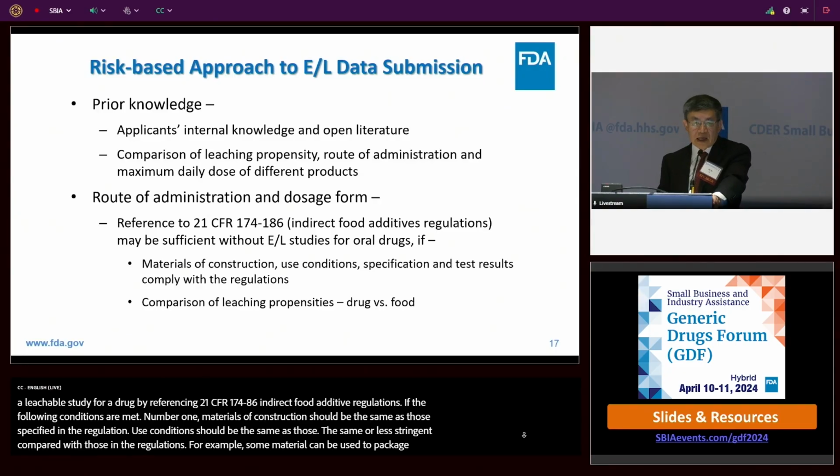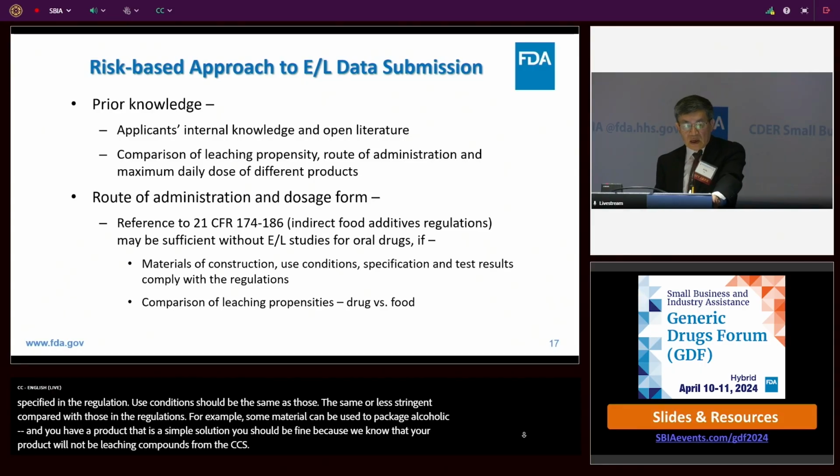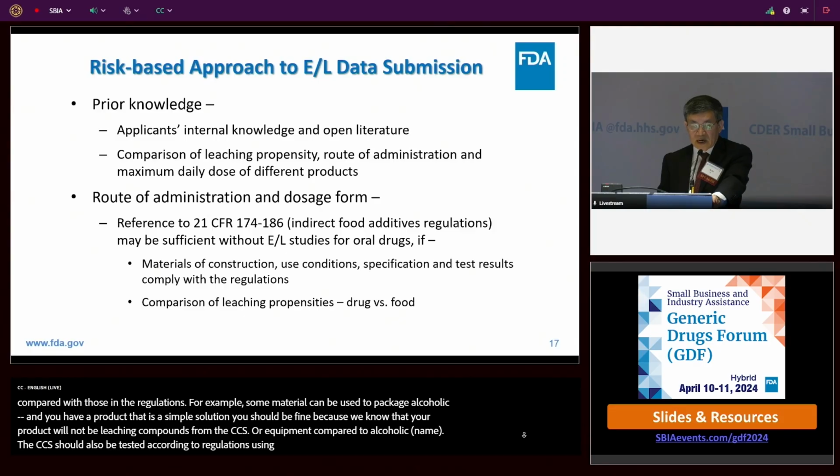And if you have a product that is a very simple aqueous solution or suspension, then you should be fine, because we know that your product will not be leaching more compounds from the CCS or equipment compared to alcoholic beverages. The CCS should also be tested according to the regulations using the same method, meeting the specifications specified in the regulation.